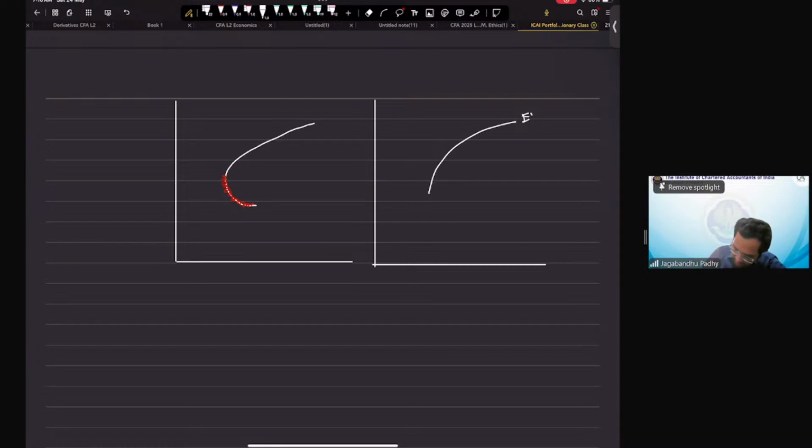So this is the efficiency frontier, which is a collection of all the efficient portfolios.